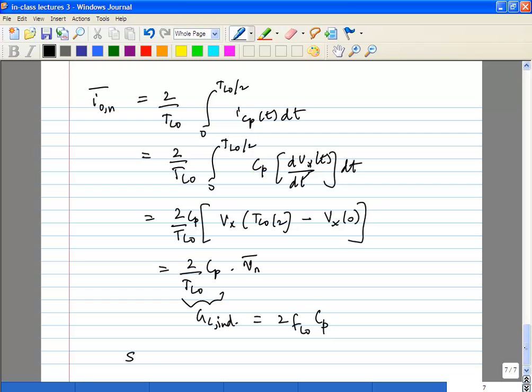So let's say we can calculate SNR because we know the two conversion gains, right? Conversion gain for the signal was 2 over pi GM.